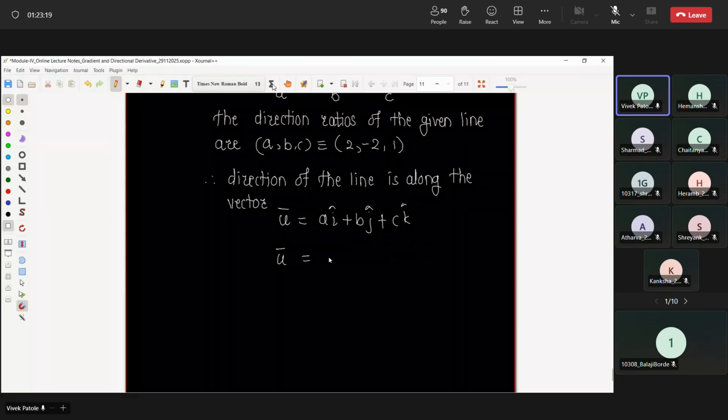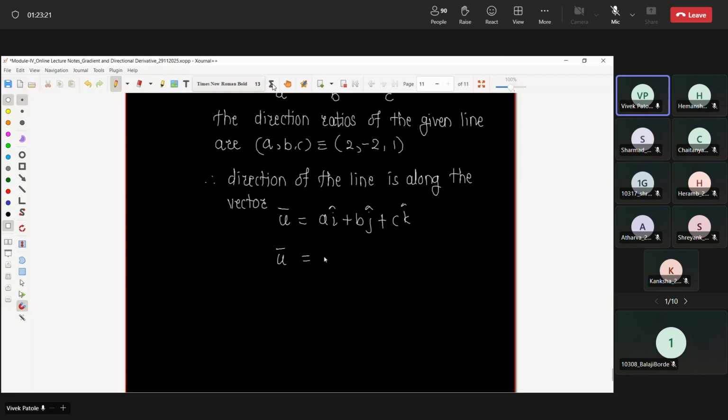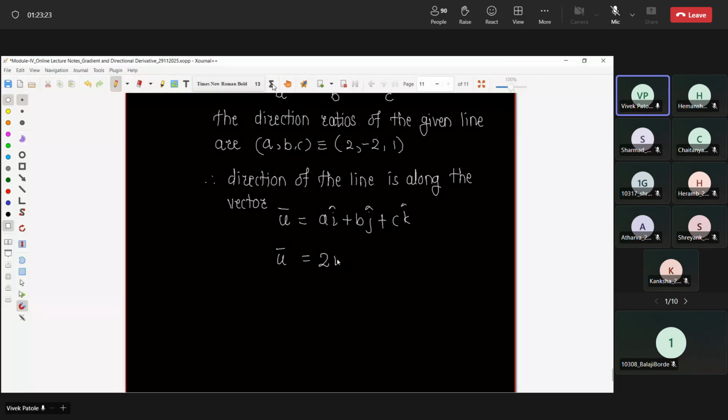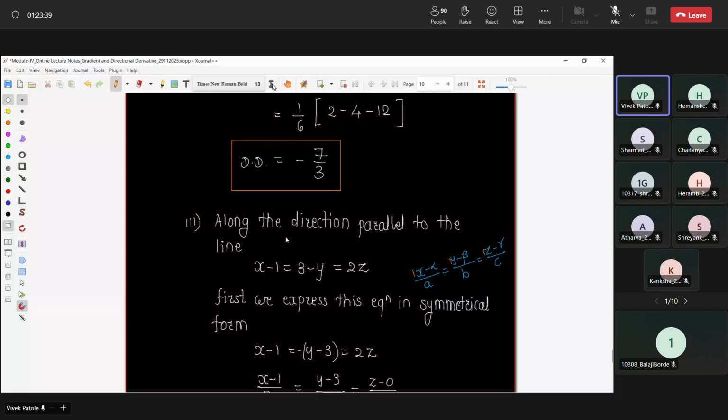Okay, so u bar is equal to 2 i cap minus 2j cap plus k cap. So this is the vector along which we wish to calculate the directional derivative.